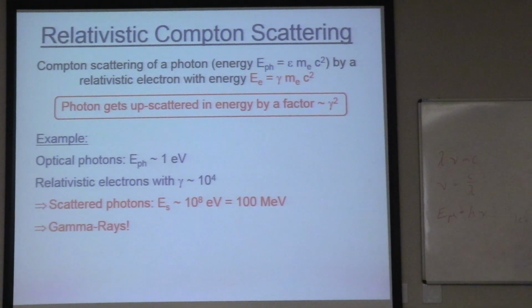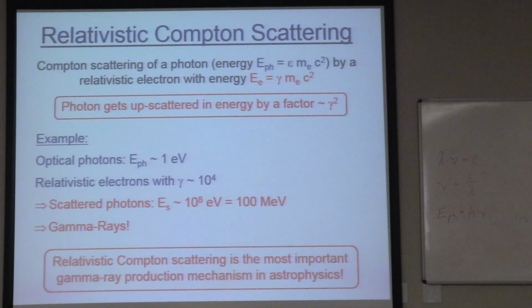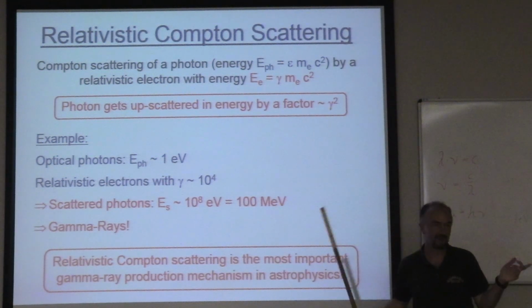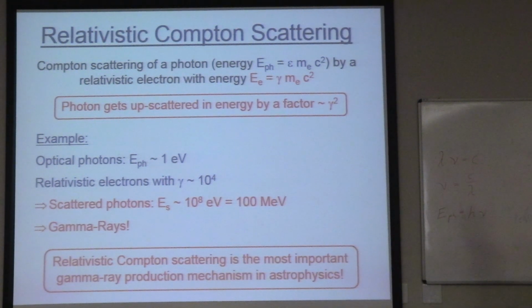I'm spending so much time on this because this process, scattering photons by relativistic electrons, makes most of the gamma rays that we see in the sky. Probably the most important gamma ray production mechanism in the universe.